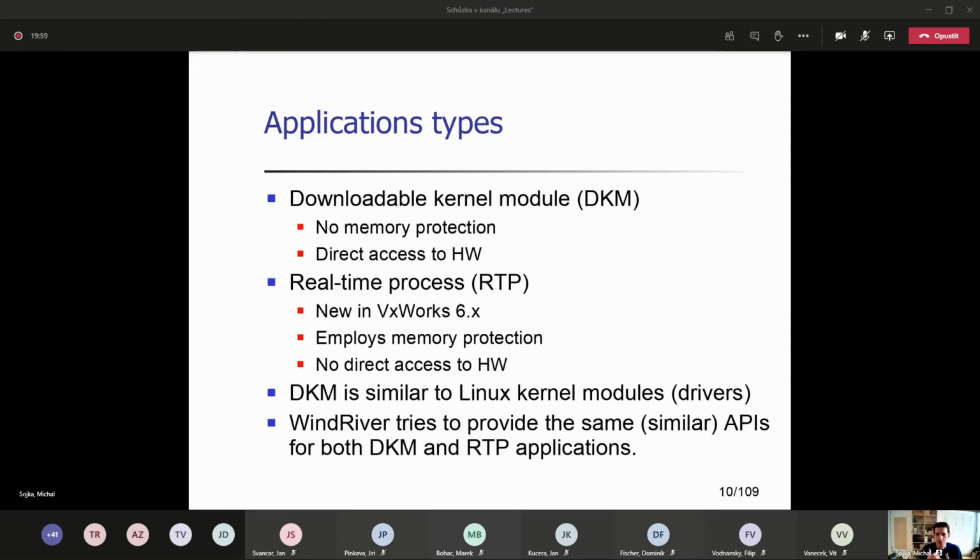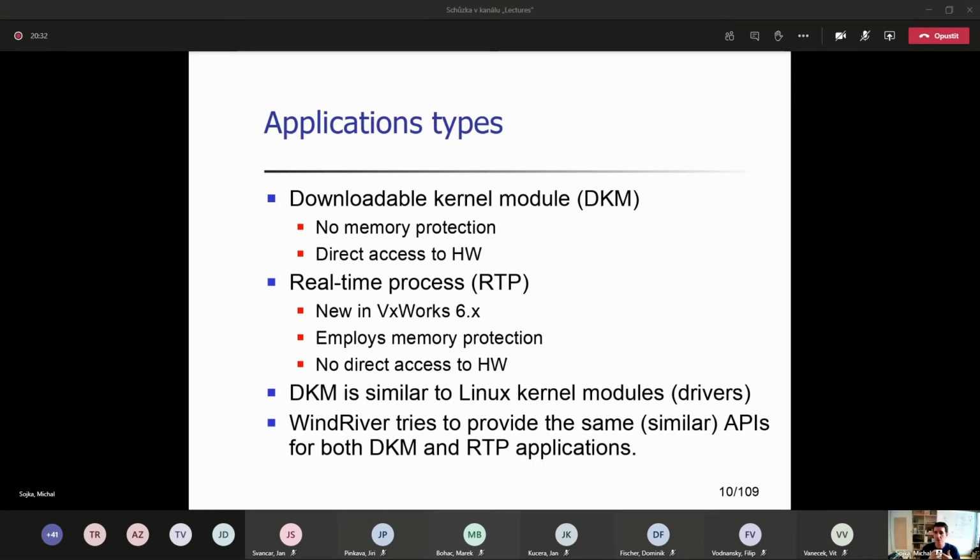But on the other hand, if you want to interact with some weird pieces of hardware, you need to write a separate driver or separate piece of code which runs in the kernel. So this would be a downloadable kernel module, and then you need to define an interface for how to interact between the real-time process and the downloadable kernel module.